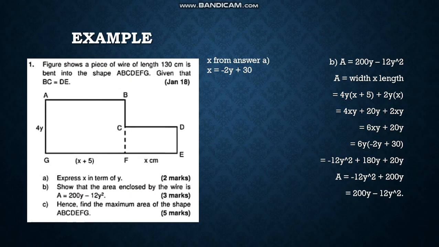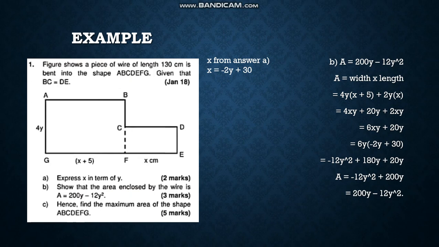So we need to prove the area. What we need to do is create our area equation first, which for a rectangle is width times length. So we just do 4y times x plus 5 for ABGF, plus 2y times x for CDEF.